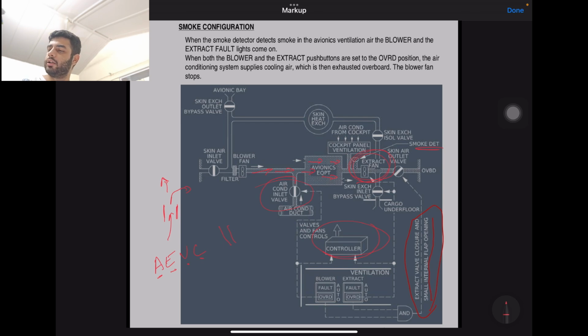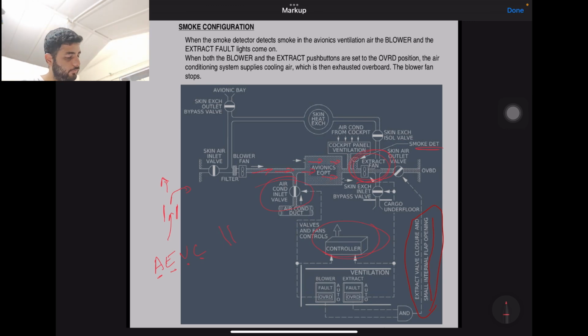And if the inlet valve is not fully closed in flight, then no action is required, since there is a non-return valve which prevents air from going back out. If the extract valve is affected, then you have an issue, because then you'll put your blower and extract to override, and you might lose the weather radar image on both NDs.